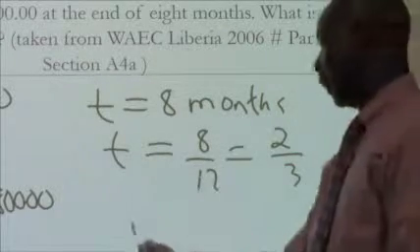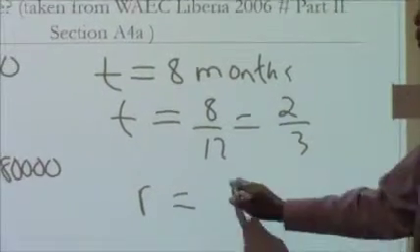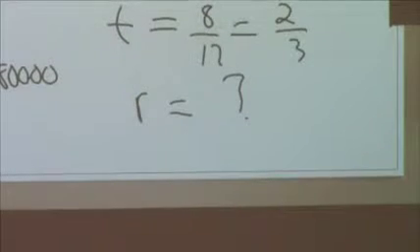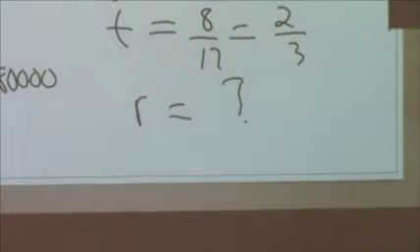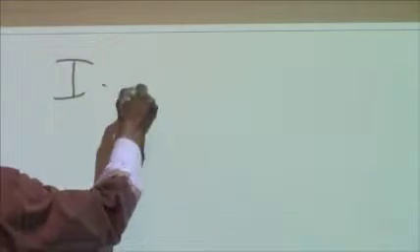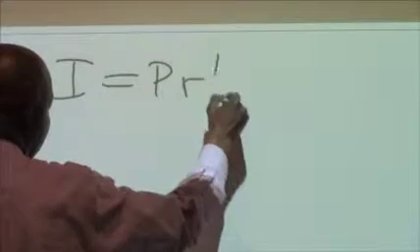Now, the rate is what we don't know. It's what we want to find. So we take this information now and plug it into the formula and compute to find what the interest rate was. Let's do that on the next slide. So let's see what we have here. We have our formula: I is equal to PRT.